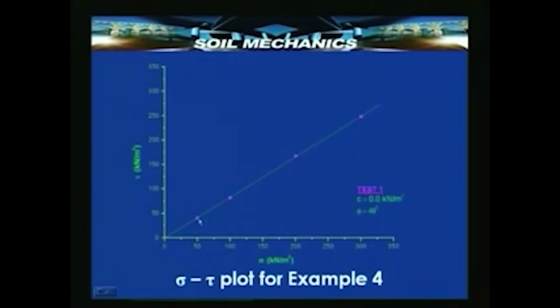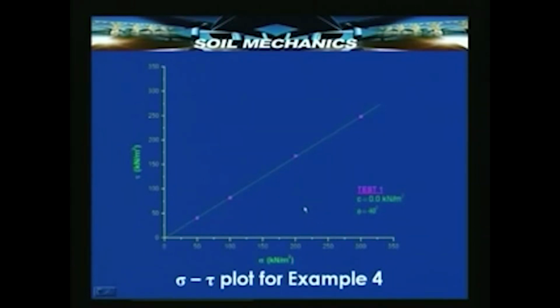You will notice that when they are plotted and joined, the line joining them will automatically pass through the origin, because this is a drained test where cohesion does not get mobilized, and here is the result for the first test. The intercept is 0, therefore, C is 0.